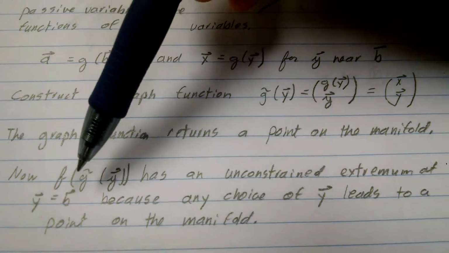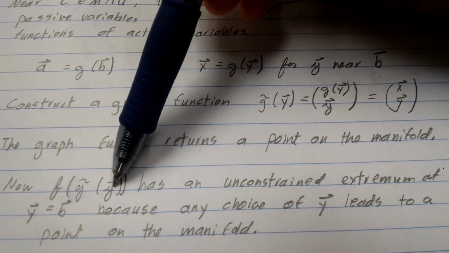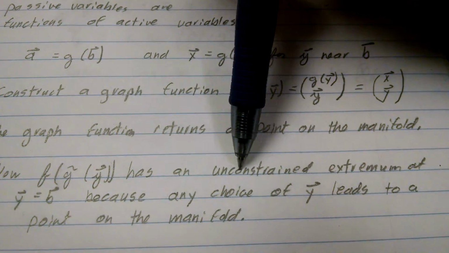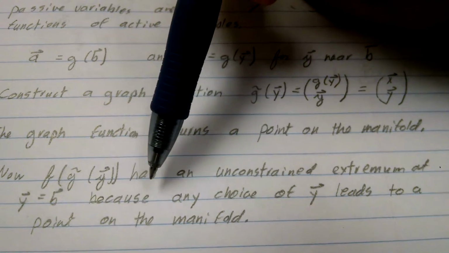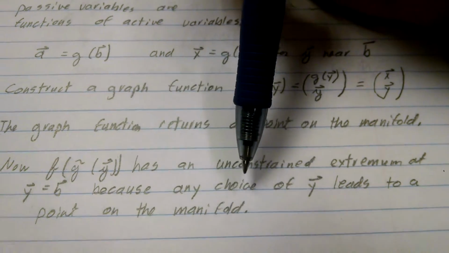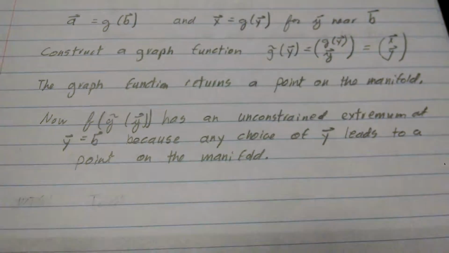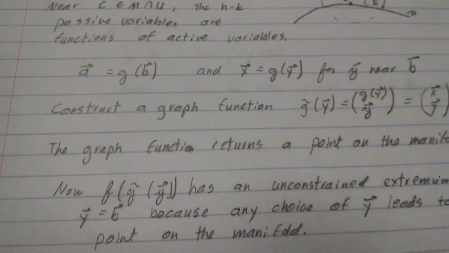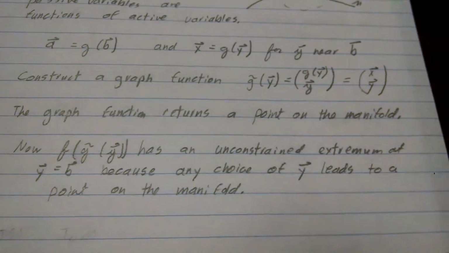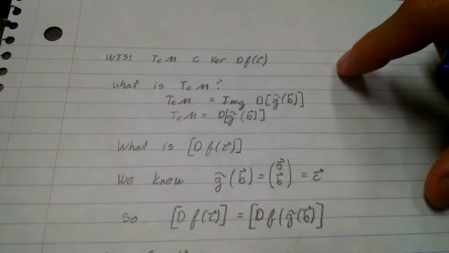So now we know that f of g tilde of y is on the manifold, and it has an unconstrained extremum at y equals b, because any choice of y leads to a point on the manifold. So this has gotten rid of our constrained extremum, which we didn't quite know how to deal with. Now we have an unconstrained extremum, which is progress for sure.